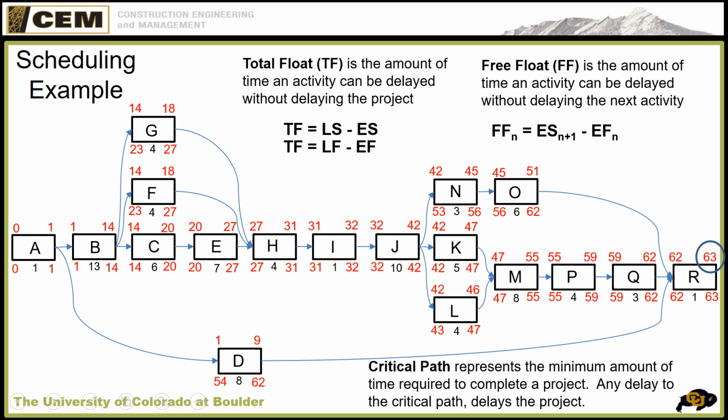I'm sorry. So then we would look at the early start of the next activity, subtract the early finish of this one, and we have 1 day of free float. We can delay L 1 day before we delay M. N, for example, 45 minus 45 is 0. We have 0 days of free float.